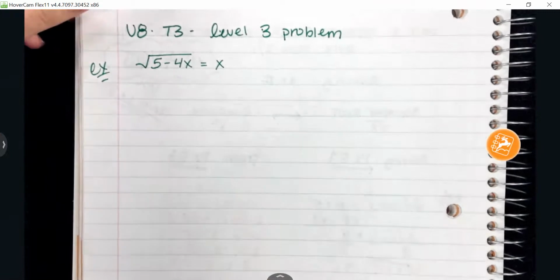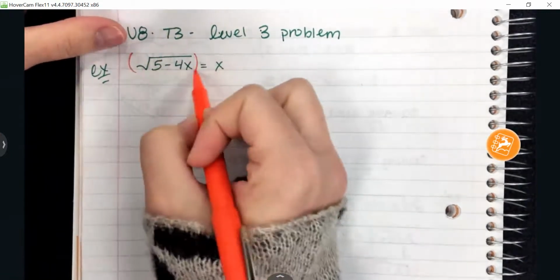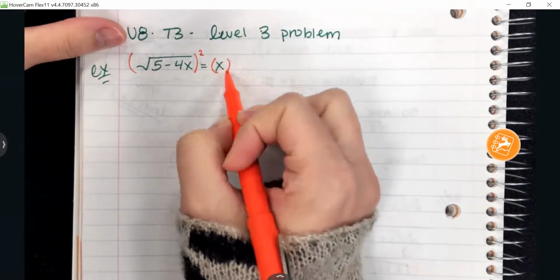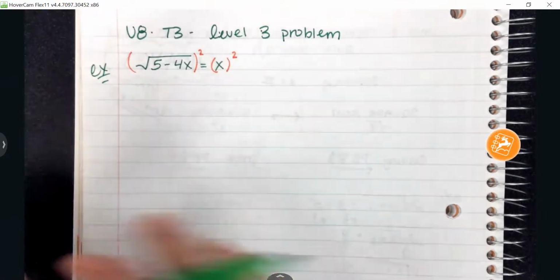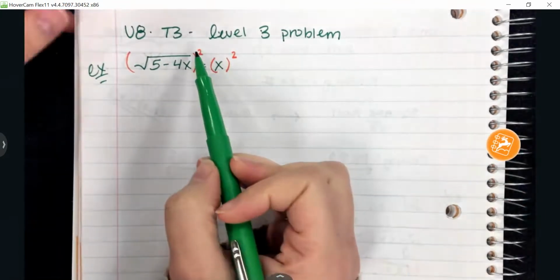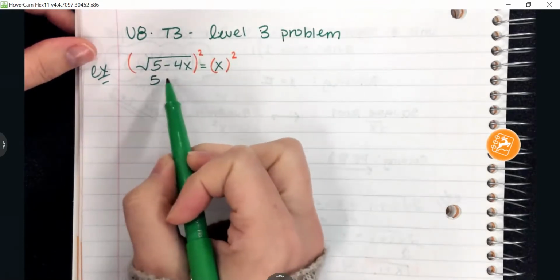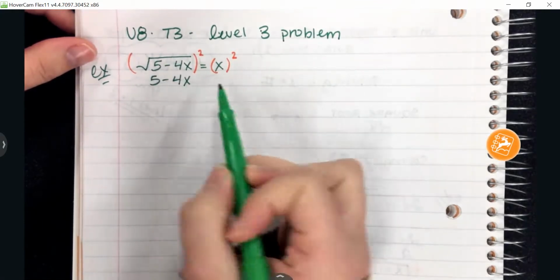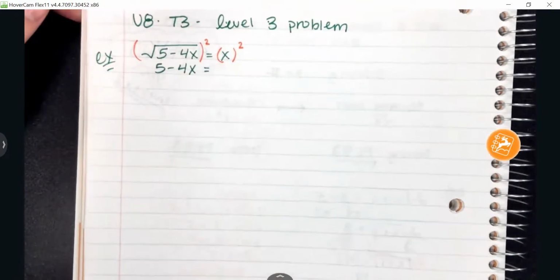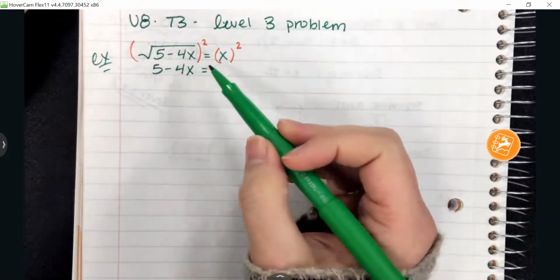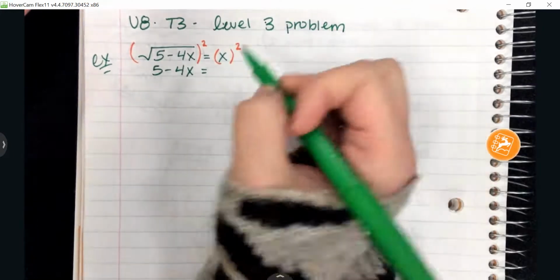The square root. So to get rid of my square root, I will square both sides. When I square a square root, all that's left is what's inside, 5 minus 4x. What does it equal? What's on the right side?